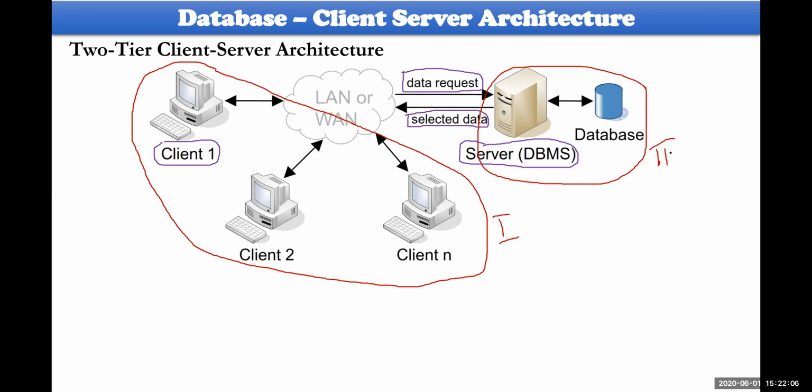That is why it is a two-tier client server architecture. Each and every client forwards a particular request, and based on the request, only the actual data requested is transmitted to that specific client or end user. That is the basic point you need to remember here.